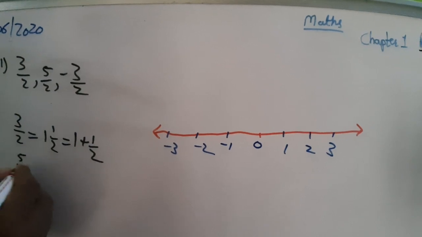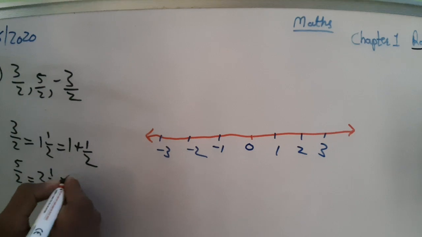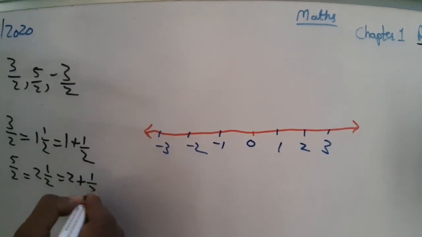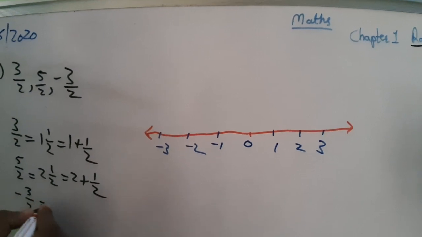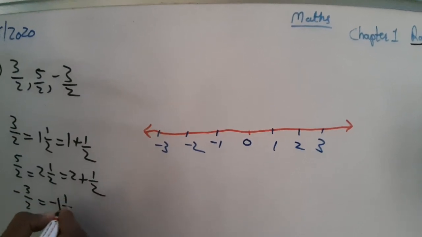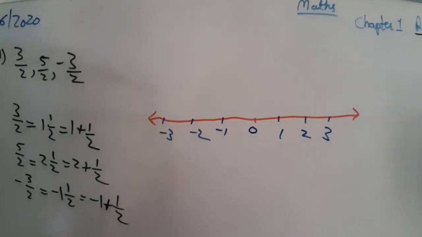Similarly, 5 upon 2, I can write 2 and 1 upon 2, that is 2 plus 1 upon 2. Children, concerning minus 3 upon 2, this is nothing but minus 1 plus 1 upon 2.